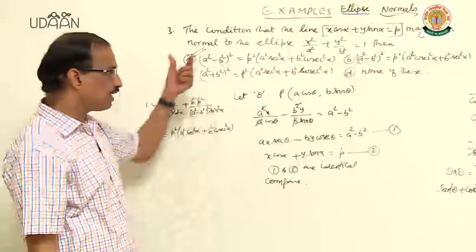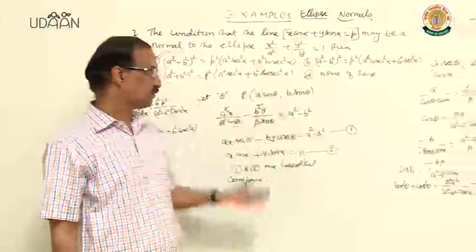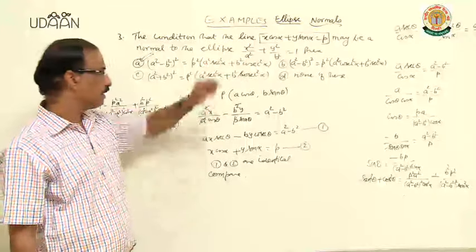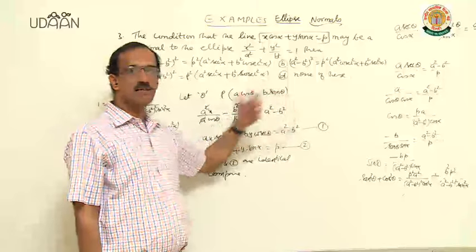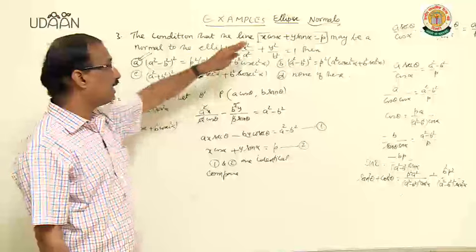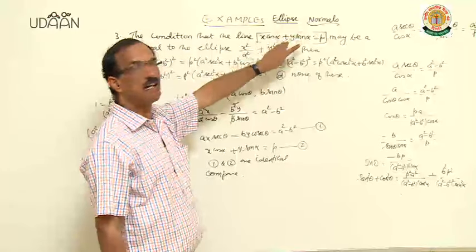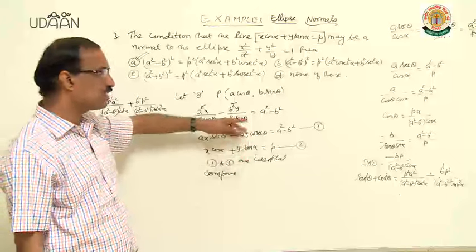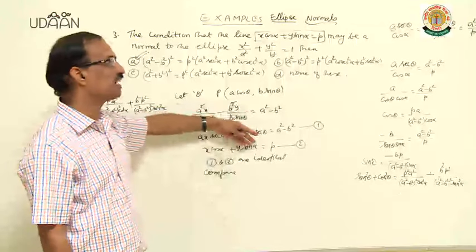So how did we get this condition? First, what have we taken? Any point on the ellipse, that is P of a cos theta, b sin theta. We got the equation of the normal, and then what is given? This is the normal given already. So we compared these two equations because they are one and the same, or we can say identical.